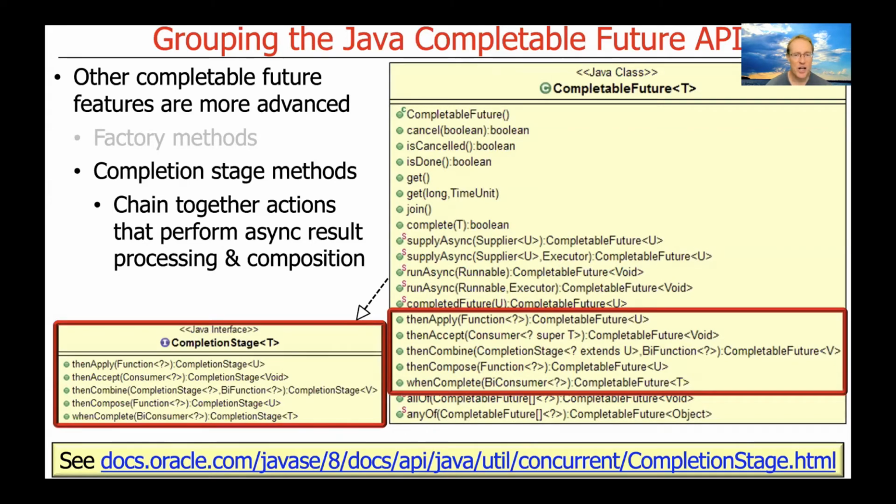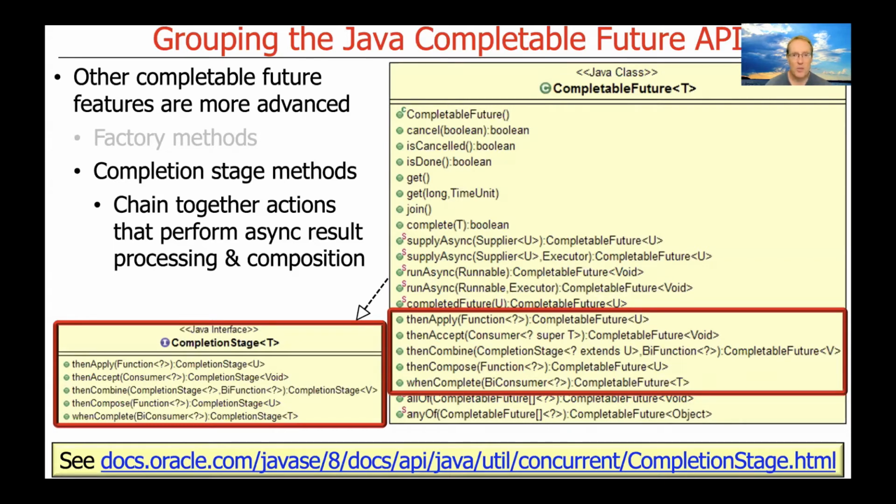So you initiate something with a factory method like supplyAsync, and then you can typically have a fluent chain of completion stage methods, and they'll get called one after another as the previous stage completes. That's the main purpose of completion stage methods. There's also the concept of composition, and we'll talk about that shortly.